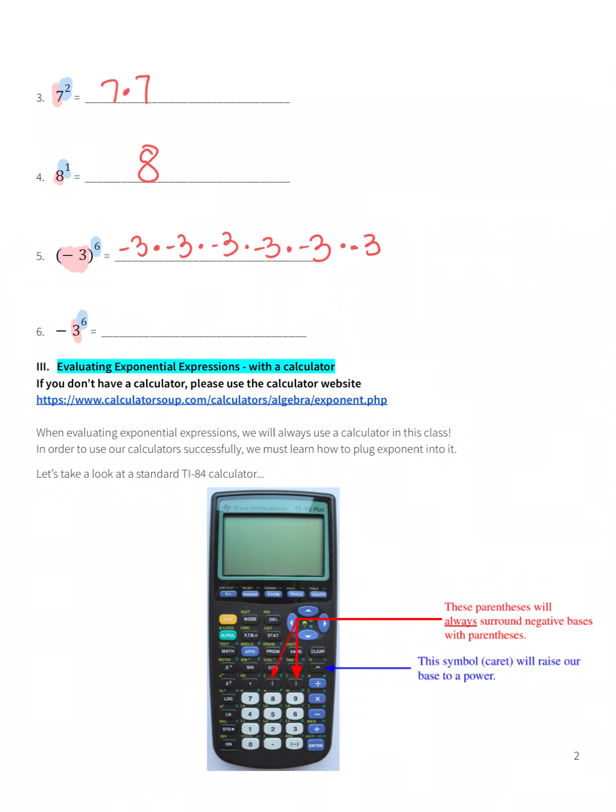Now for this one, because it is not in the parentheses, what you do is you take the base, which is 3, and multiply it by itself 6 times. 3 times 3 times 3 times 3 times 3 times 3. And at the end, you make the answer negative. Okay? So when the negative sign is in the parentheses, you multiply a negative number over and over.